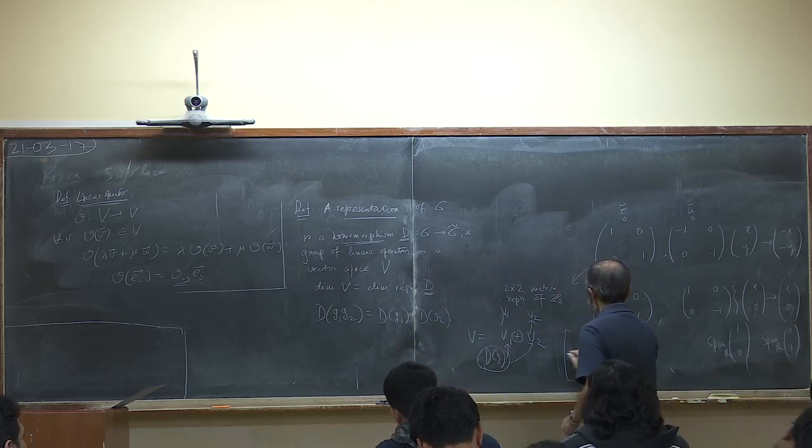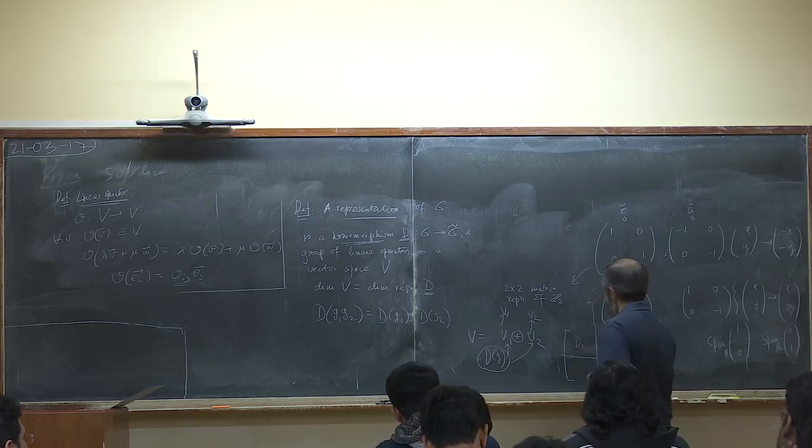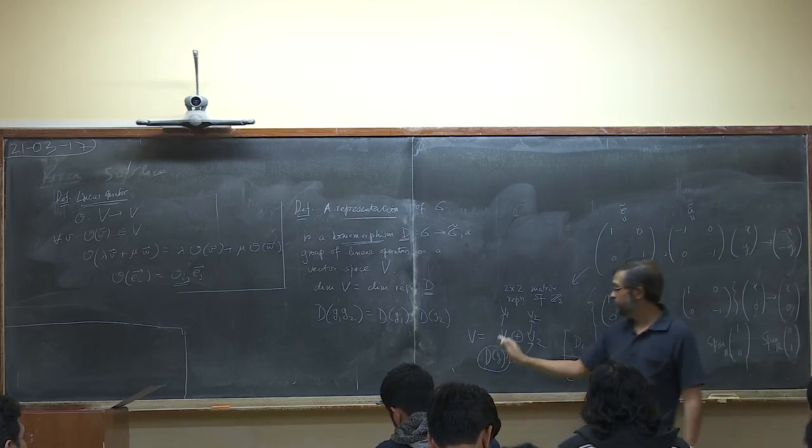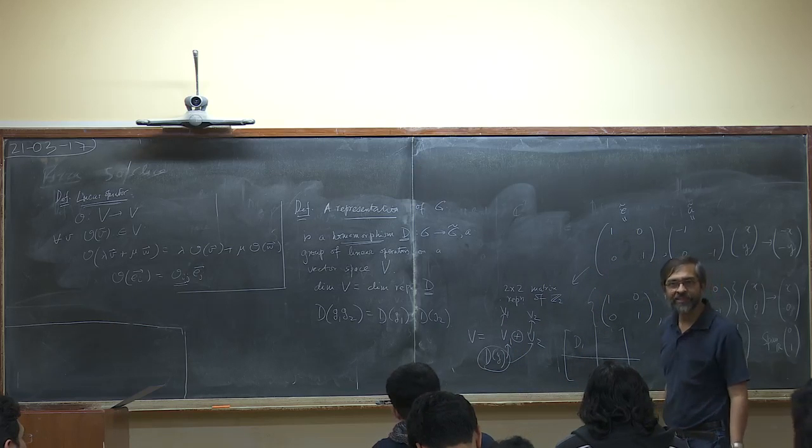So more generally, this is what happens. So there is B1. So it behaves like B1 acting on B1, behaves like B2 acting on B2. So this is what is called a completely reducible representation.